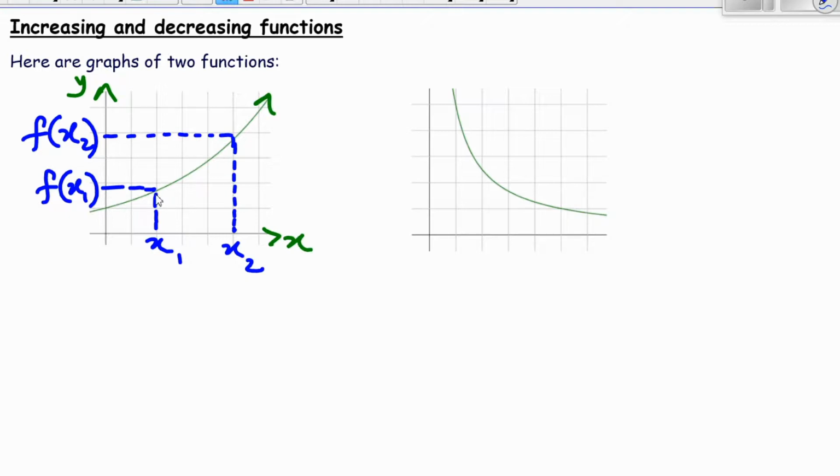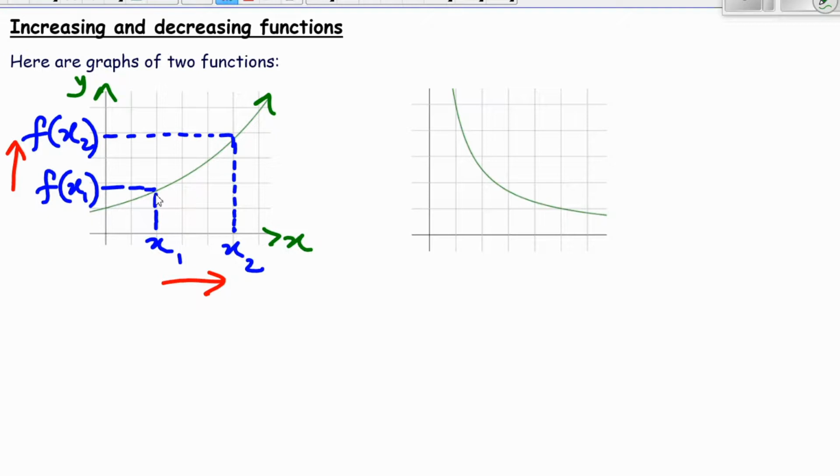Now we can notice here that as x increases, y is also increasing. So that's one of the observations, and I'm just going to write it below here.